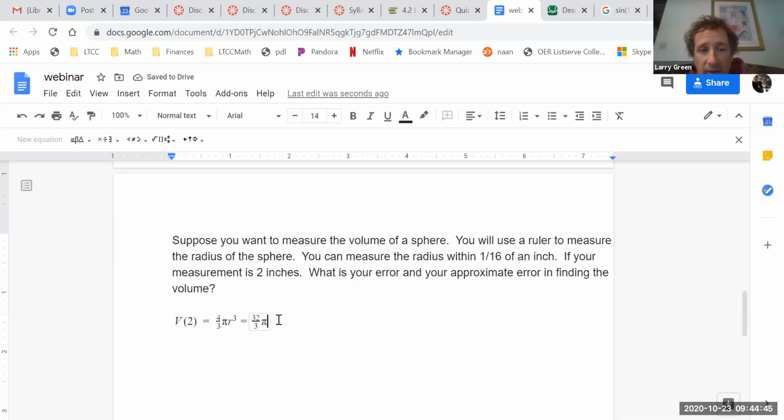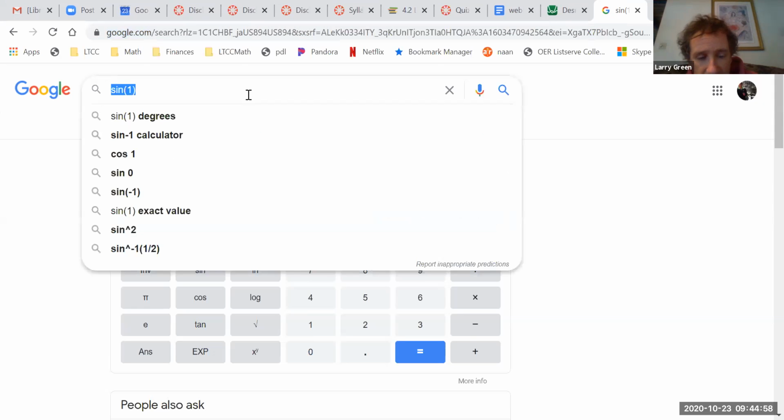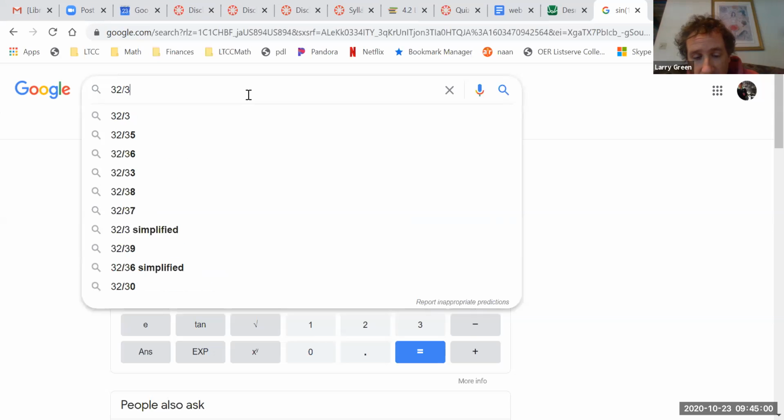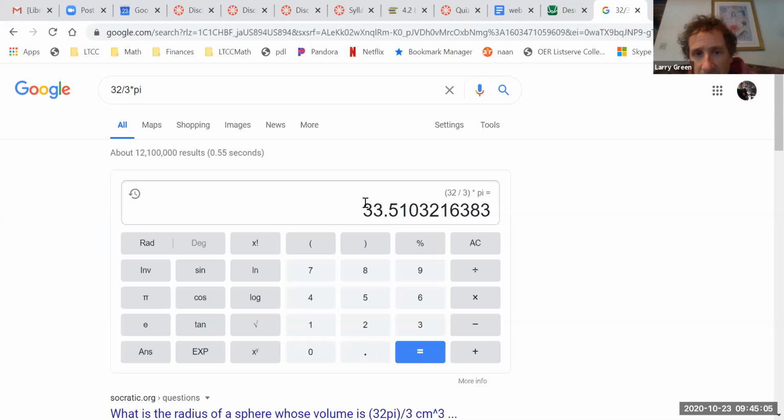Any questions on that? And then if we want a few decimal places or whatever, we can just type it in. So 32/3 times pi. And you get this beautiful number.